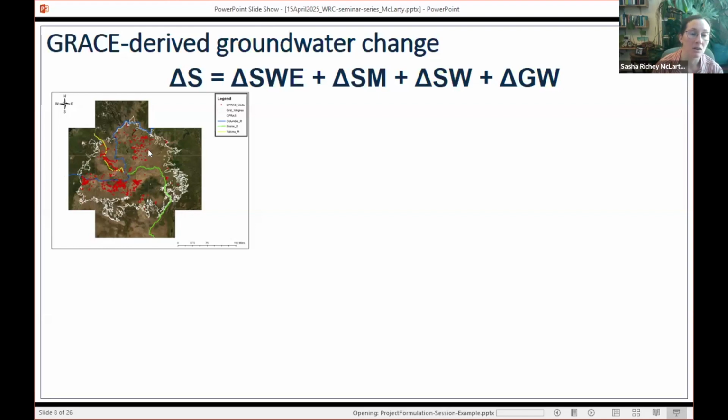And then in red are the locations of groundwater monitoring points that some of you on this call possibly are responsible for monitoring, where we have enough data that we can evaluate the ground-based observations compared to the remotely sensed observations.